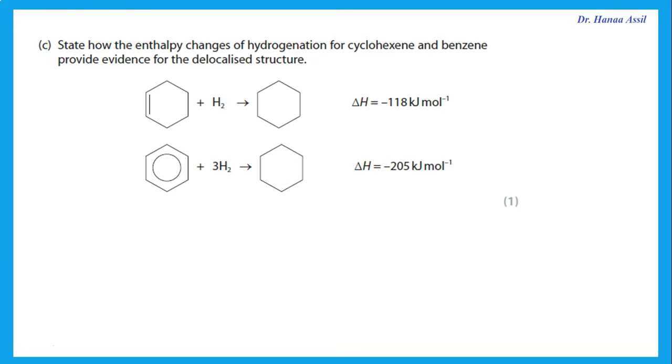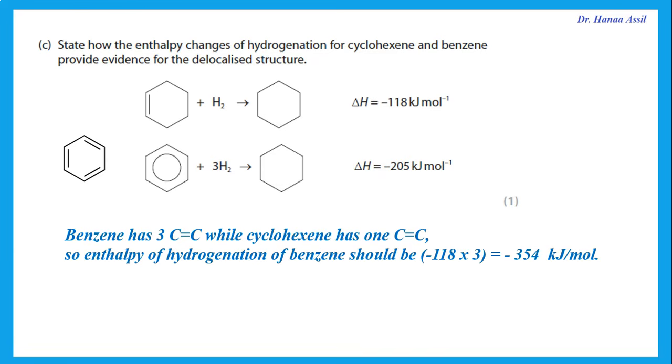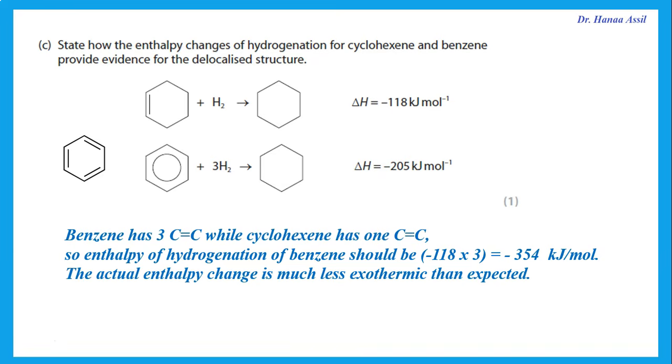Now, our benzene ring is supposed to have 3 double bonds. So if we have individually 3 separate double bonds, then the delta H of hydrogenation for benzene should actually be 3 times the delta H that we have for cyclohexene.